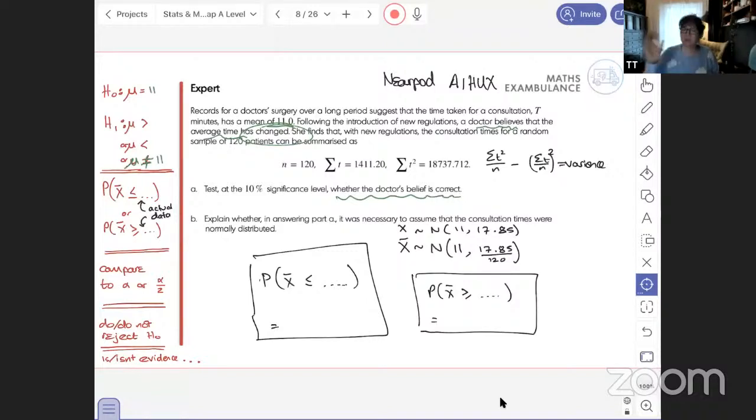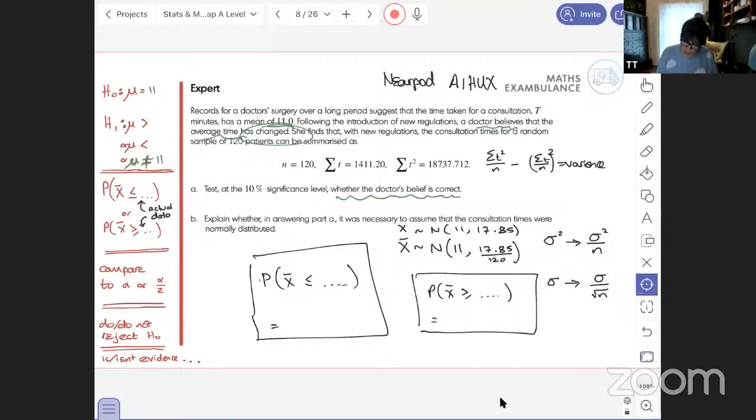No need for any continuity correction because it's all normal. So we're just doing normal, normal, normal. And because the variance goes to the variance divided by n, the standard deviation goes to the old standard deviation divided by the square root of n.